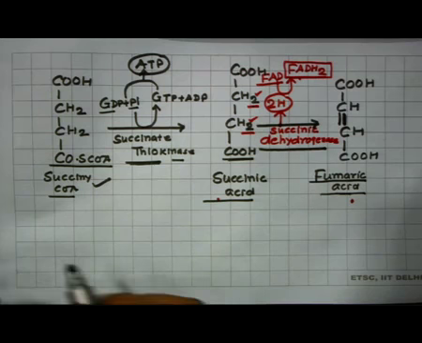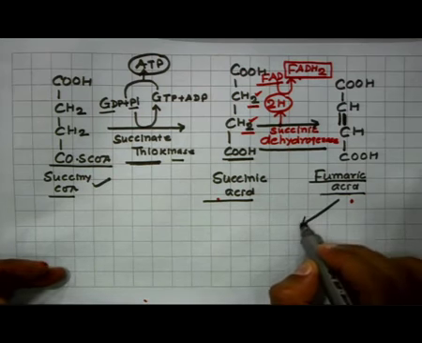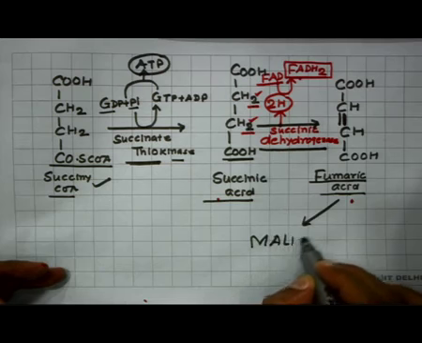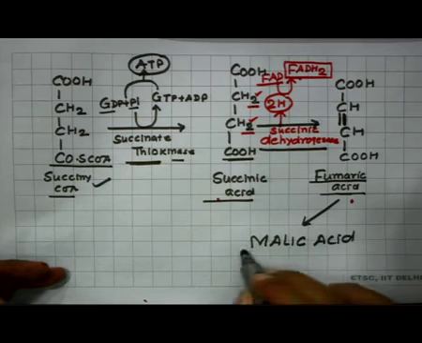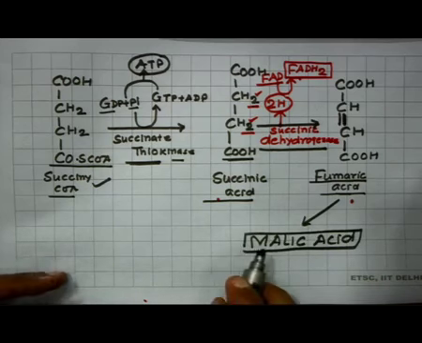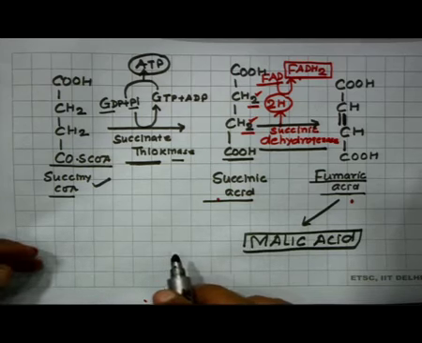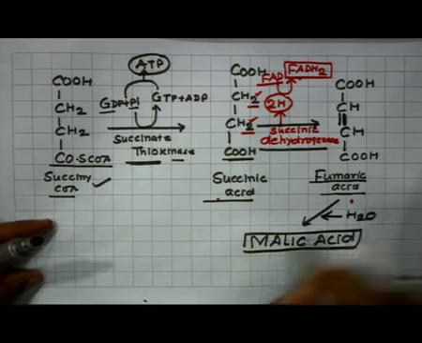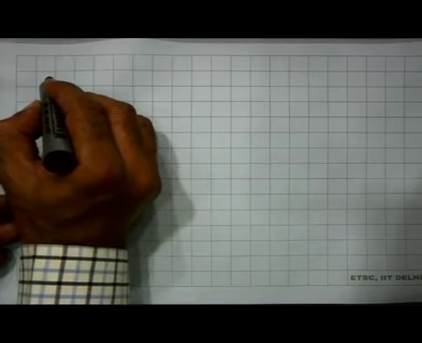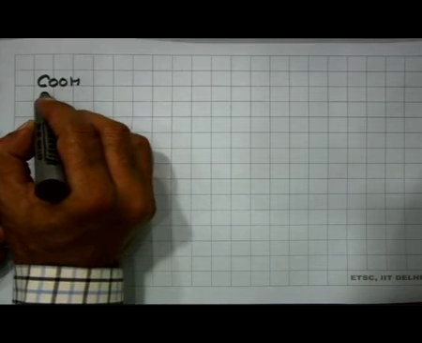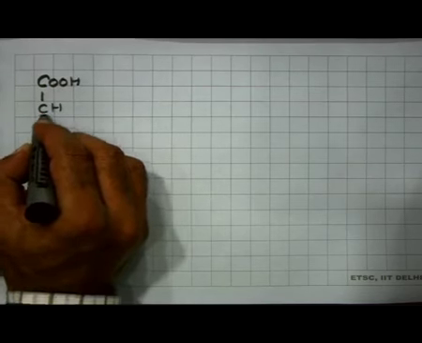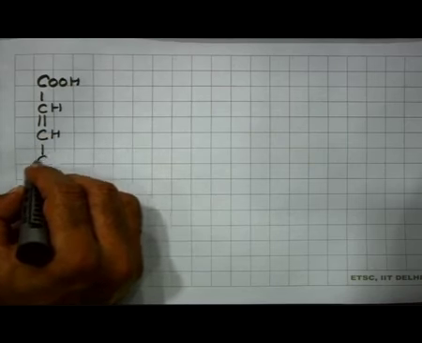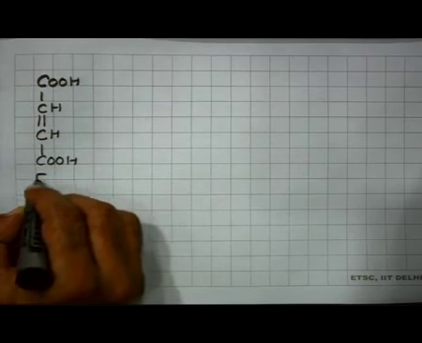Now, fumaric acid is converted into malic acid. At this time, in the conversion of fumaric acid to malic acid, water is going to be added. So, the structure of fumaric acid is COOH, CH, double bond here, CH, COOH.